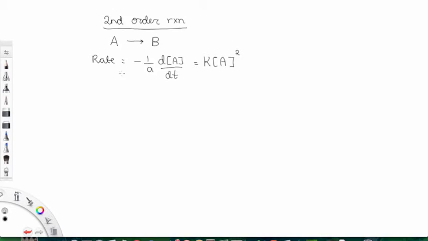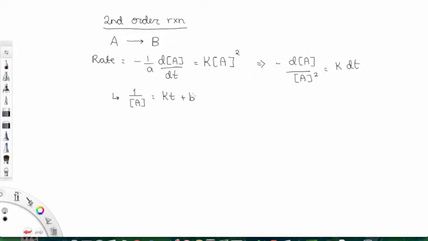This is the second order differential rate law. From here, we want to separate the variables, dA over A squared equals k dt, and then integrate to get 1 over A equals kt plus b.